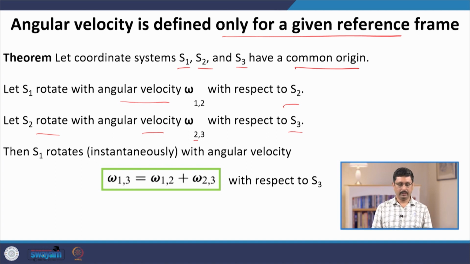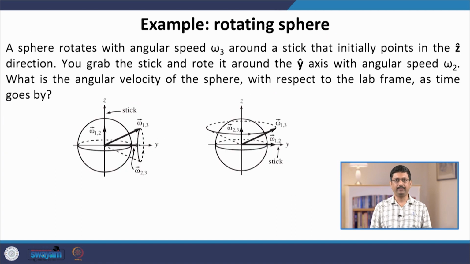Then S1 rotates with respect to S3 with an angular velocity which is the sum of omega 1,2 plus omega 2,3. So, this is like addition of velocities. The angular velocity is always relative to a particular given reference frame.